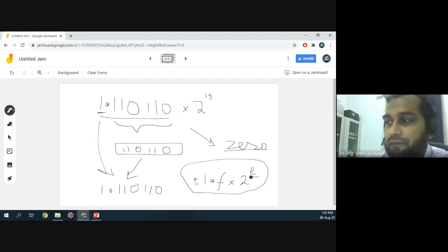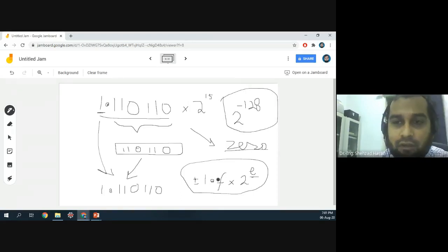So if I go with the maximum exponent magnitude that I can have and make it a negative number, for example 128, then 2 raised to minus 128 would be a very small number. Still, it's not minus infinity, but it's a very small number.